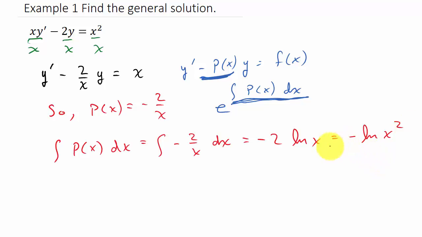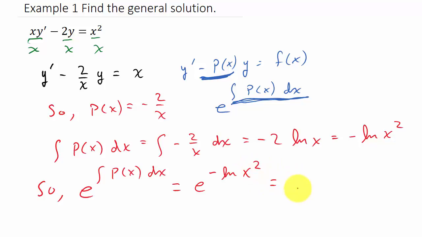Remember your logarithmic properties. This right here, we can pull up. The 2 we can pull up into that exponent. So that tells us that e raised to the integral of p of x dx is equal to e raised to the integral of p of x dx, which is negative natural log x squared.